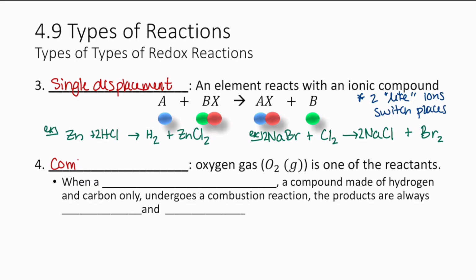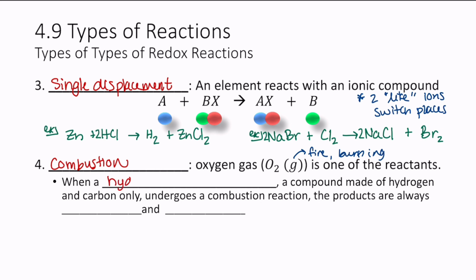Finally, we have a combustion reaction. So a combustion reaction is when we have oxygen gas as one of the reactants. And oxygen gas is fire, like literally, it is fire. So this is a burning reaction.